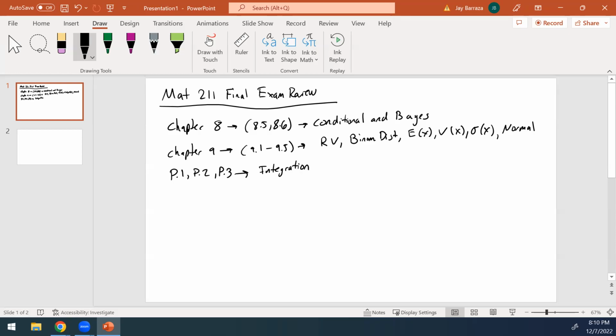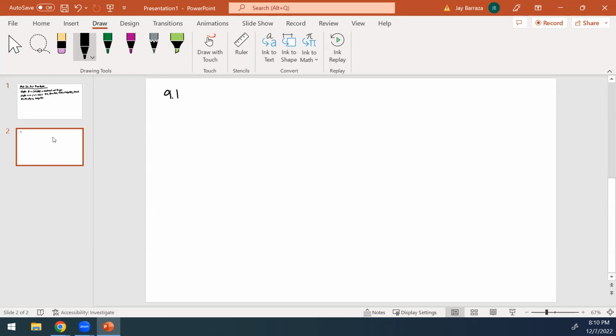Okay, so let's start off with 9.1, which is mostly discrete random variables. So the biggest thing that you should focus on being able to do for discrete random variables is the box problems that you see on the exam review, because those are the idea that we want to focus on.